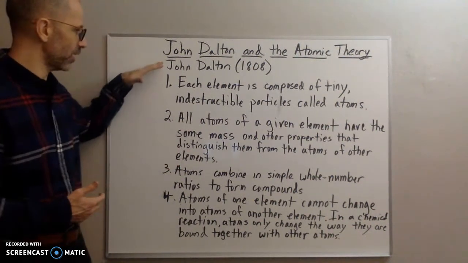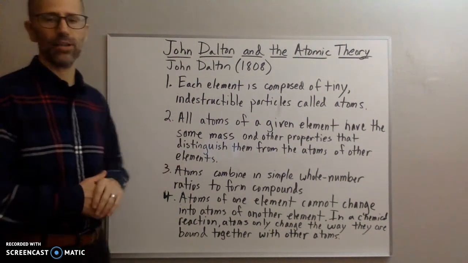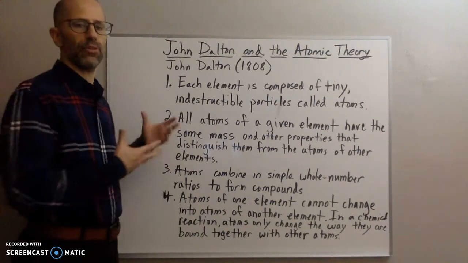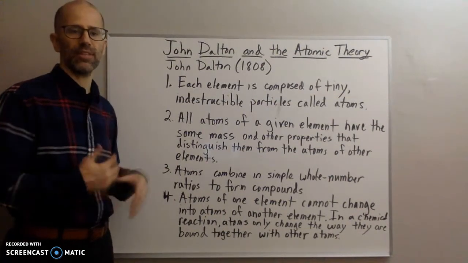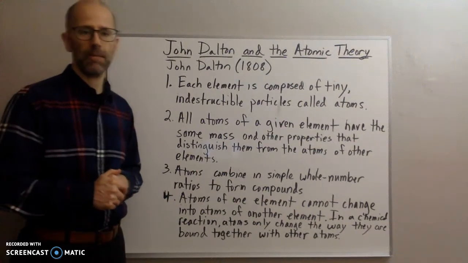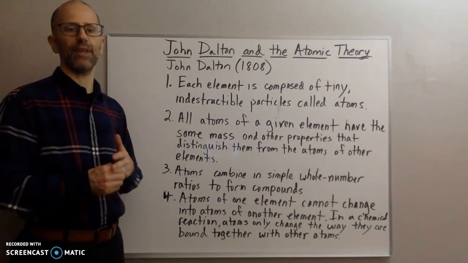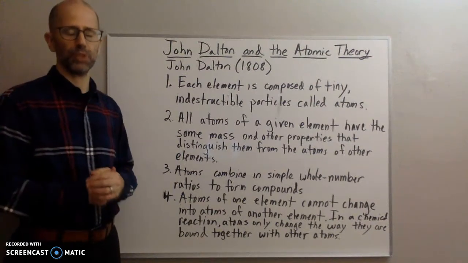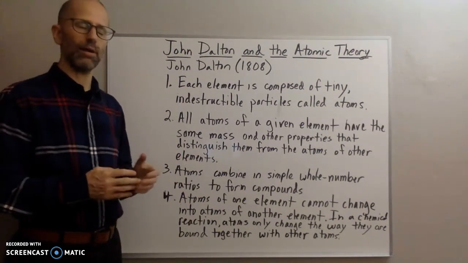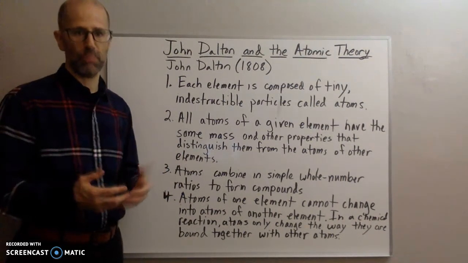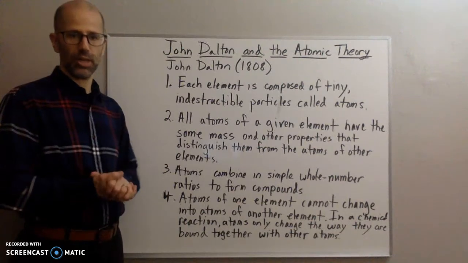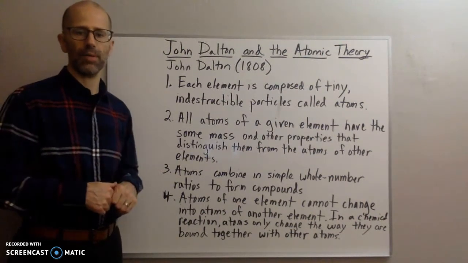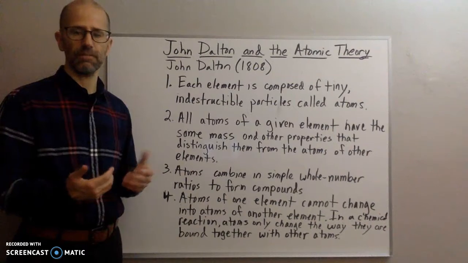So that is a look at John Dalton's 4 postulates of his atomic theory, and this is what we started with, but this is not how the atomic theory is today. It has developed, and today we hold to a much different theory. Well, I would say different theory, but it's a developed atomic theory compared to what John Dalton was envisioning.